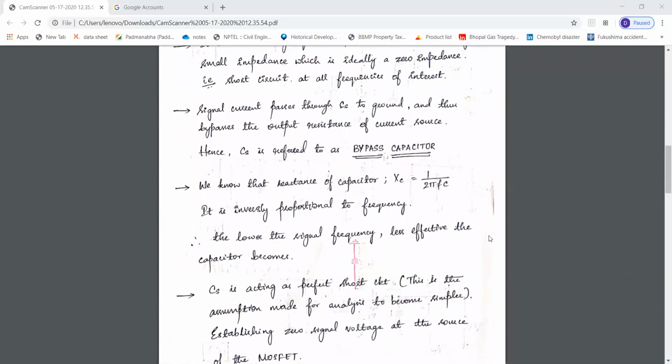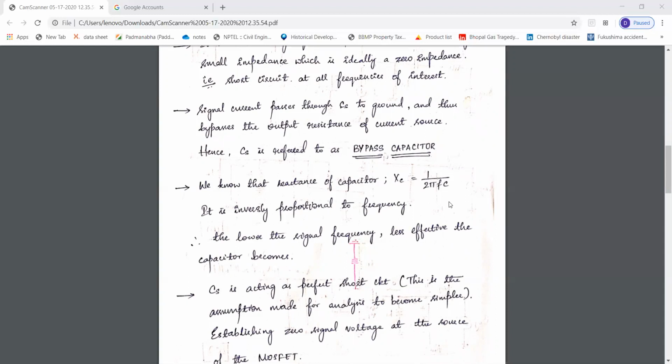And we know that for any capacitor, the reactance is given by XC is equal to 1 by 2 pi FC. So as the frequency becomes lower, the capacitor's effectiveness will also become very less. Since F is in the denominator, if it increases, the value of XC reduces.